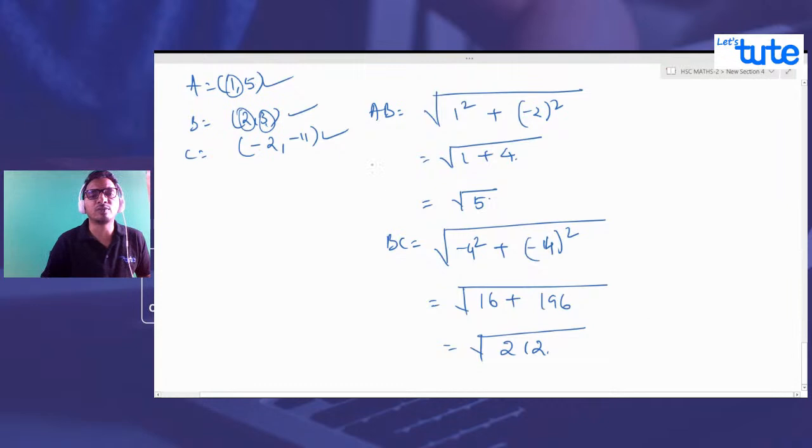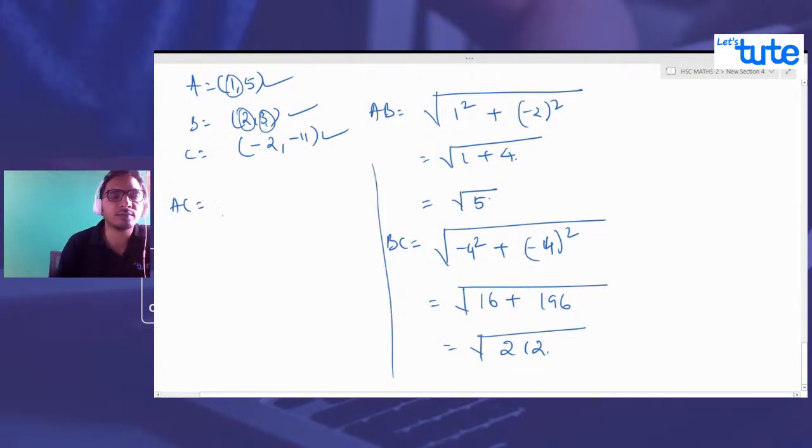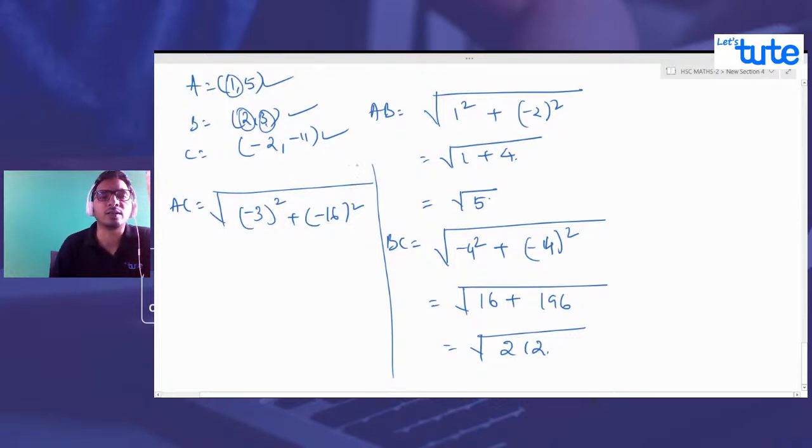So now the turn is to find the length of AC. So in this case, negative 2 minus 1 is negative 3. Negative 11 minus 5 is negative 16 squared, correct?